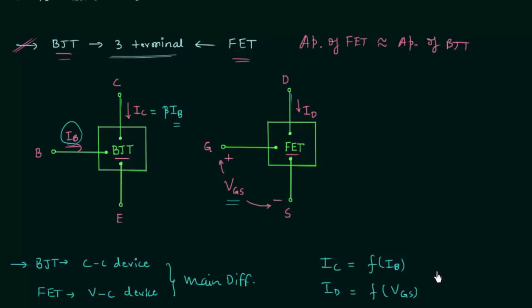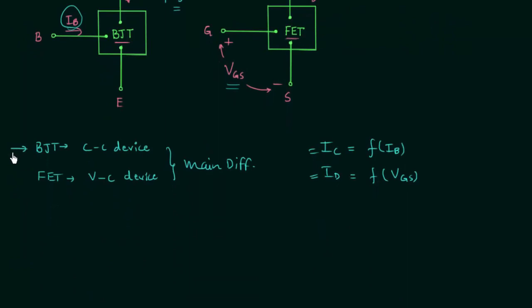You can see in both cases, the output currents are functions of input parameters, so we can say that the output currents in both cases are controlled by parameters of the input circuit. VGS is the input voltage in case of FET, and IB is the input current in case of BJT. So we are done with the second point, which is a very important point, because this is the main difference between BJT and FET. Let's discuss the third point.